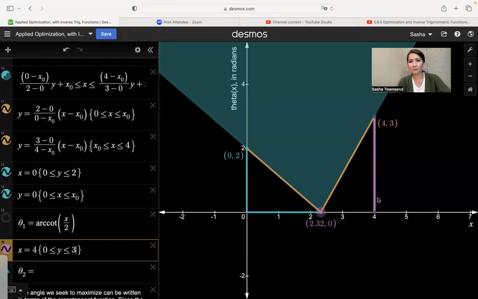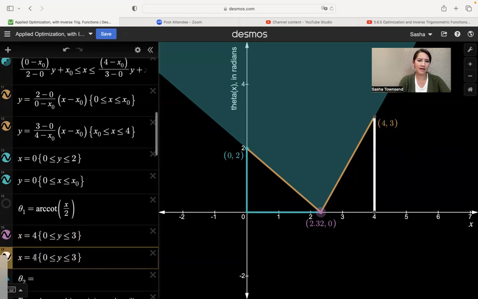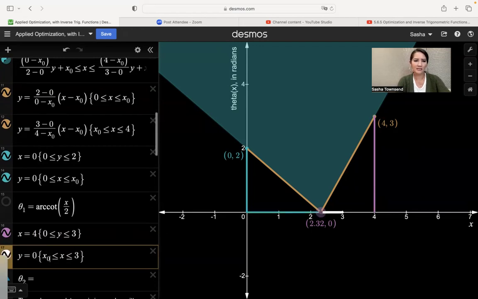So we know that that purple line segment has a length of 3. And then we'll have y equals 0, but we don't want all of y equals 0. We only want the part of y equals 0 for x between x naught and 4 minus x naught.